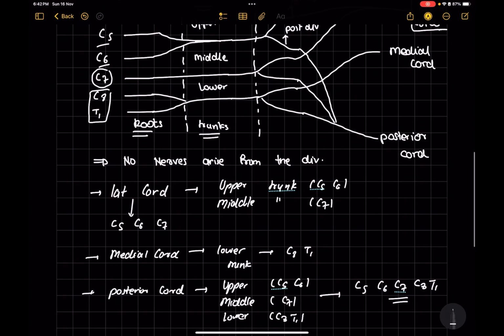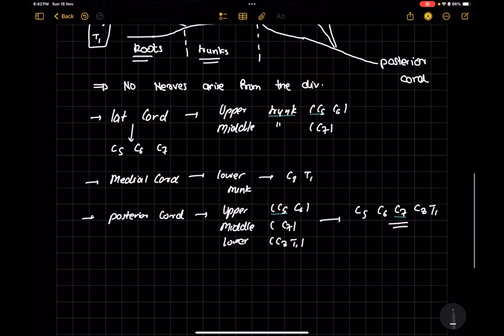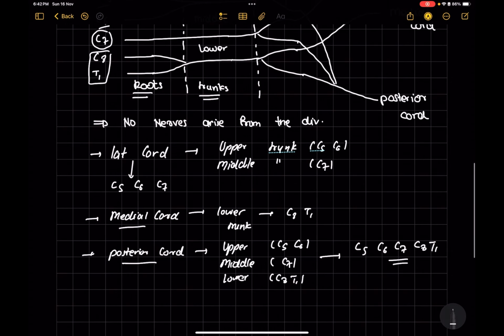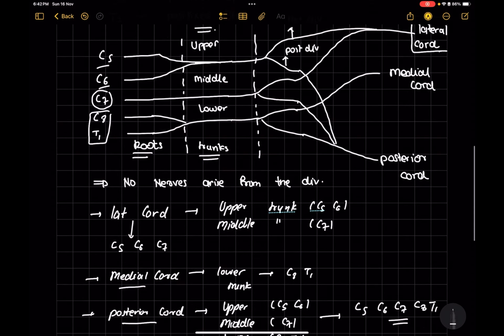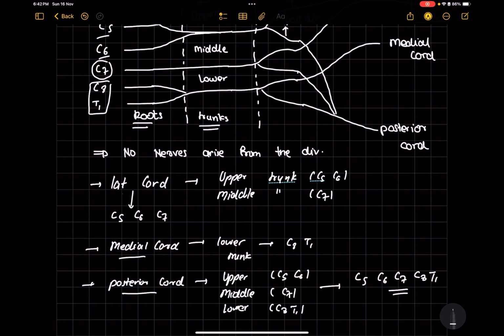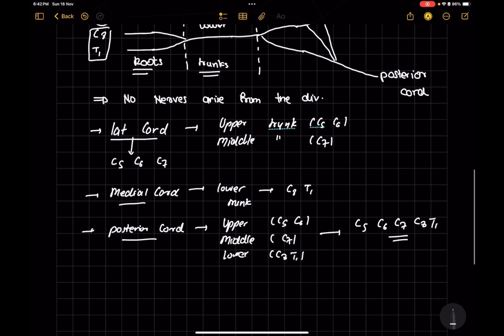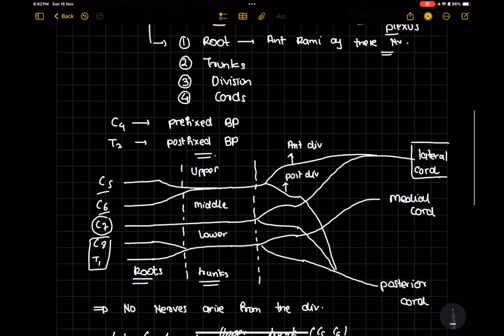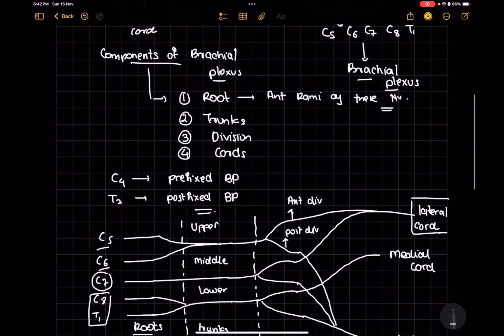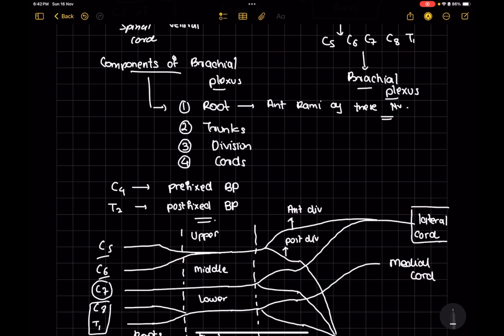Okay, understood? Once you understood this concept, the whole thing which I drew right now was to make you understand this whole concept, because once you understand these root values, then it would be very much easier for you to understand the root values of the nerves or the branches. Okay, now what you have to study is what are the nerves that are arising, because you understand that brachial plexus is going to control the whole of our upper limb.